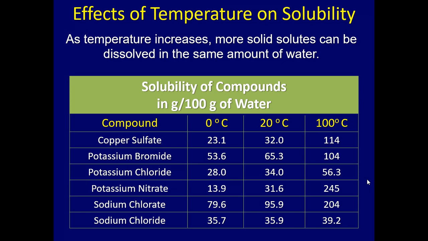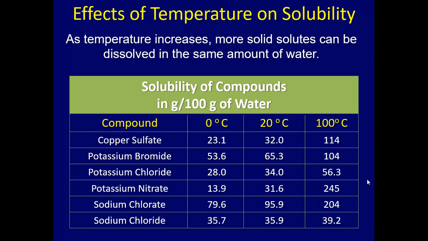If we look here, we have a list of several solid substances: copper sulfate, potassium bromide, potassium chloride, potassium nitrate, sodium chlorate, and sodium chloride. And we have three different lists of solubility for that according to temperature. Let's just choose one, say copper sulfate, the first one.